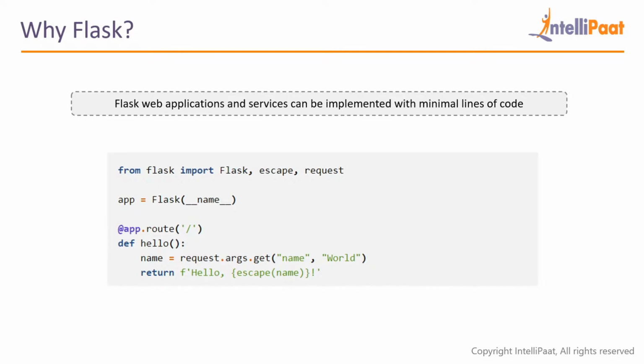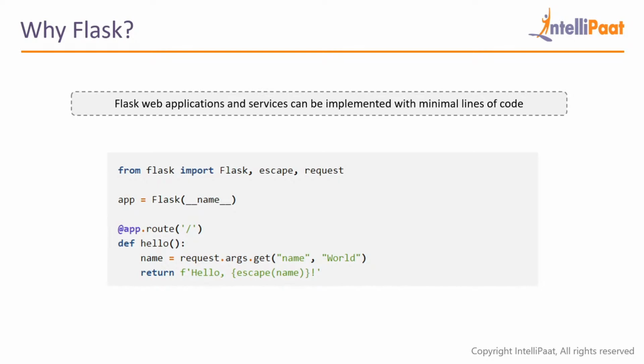If we look at the syntax that is provided for Flask, we can see that there are minimum lines of code involved. You can basically deploy a web server with the absolute minimum lines of code possible. If you were doing this using Node.js or Express.js, or any other framework, you would have to write a lot of lines of code to deploy your server.